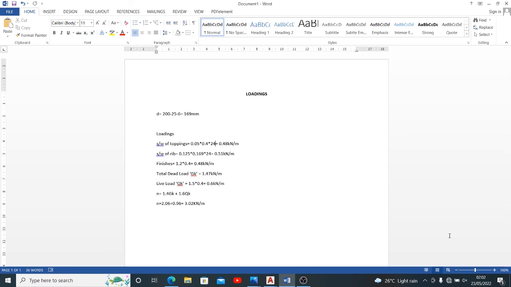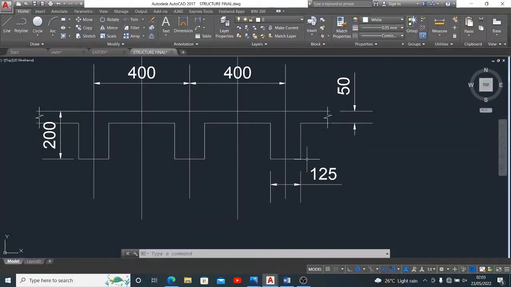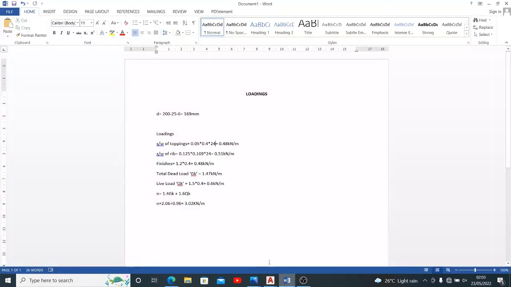So we have 0.48 kilonewton per meter. Now for the self weight of the rib itself, the width of this rib is 125 millimeters, and the depth that we obtained already is there. So we multiply the width of the rib by the effective depth and by 24 also. So we have 0.51 kilonewton per meter.